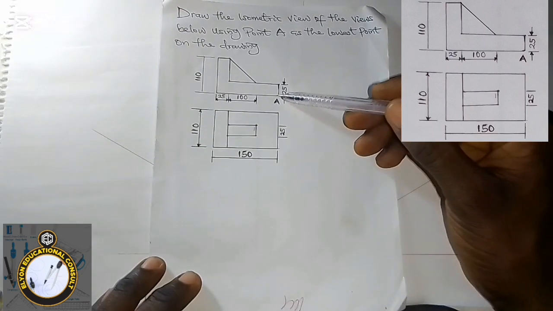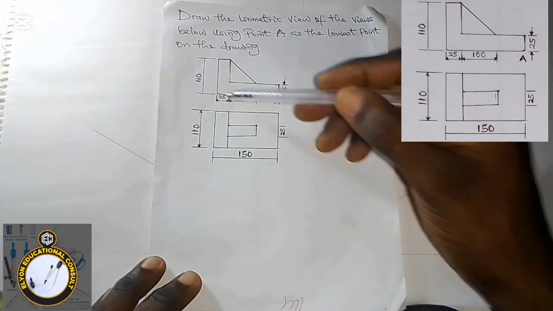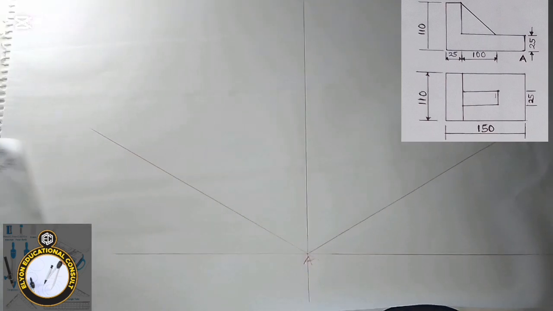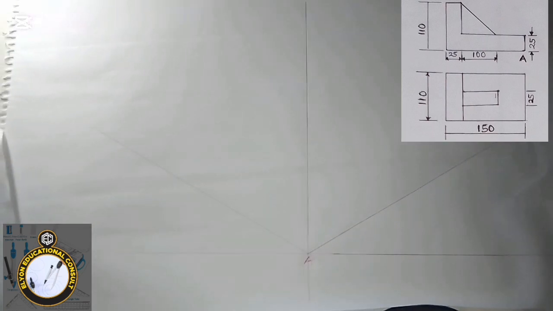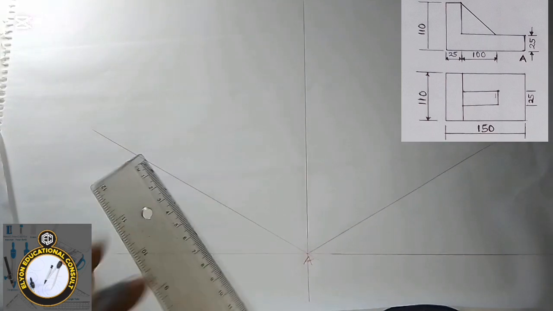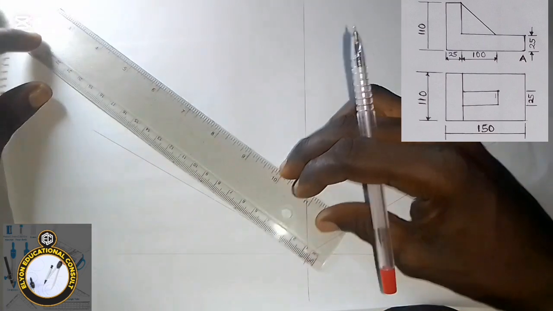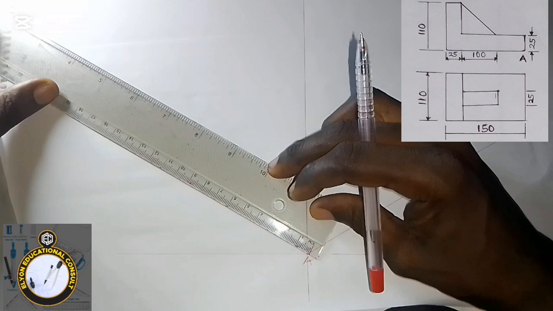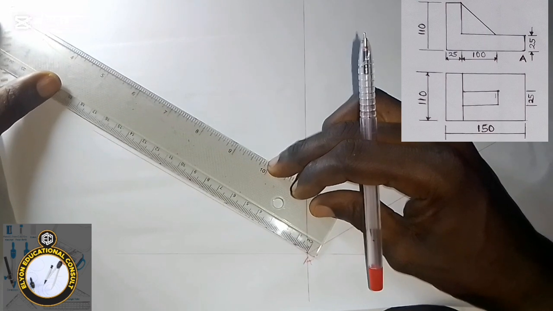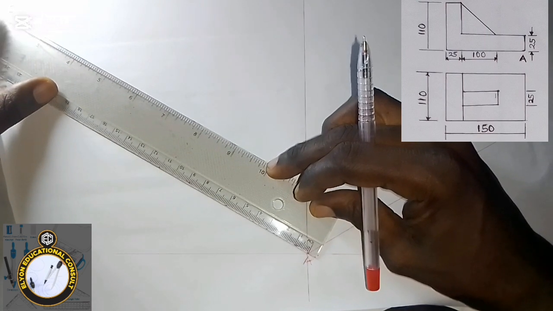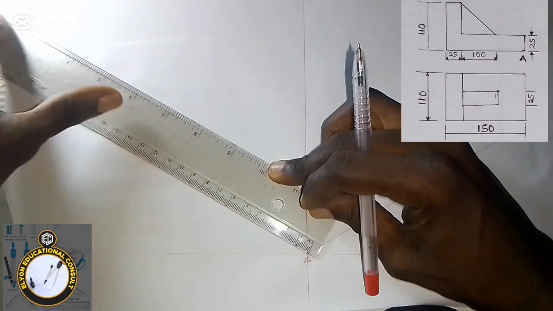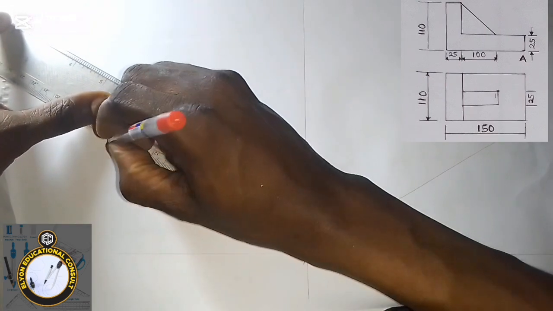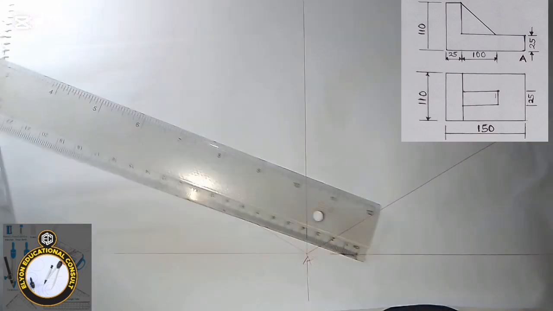So the total length from here to here is 150. So I will be inputting that now. I'm going to measure 150, so that is 15 centimeter. So this is 15.